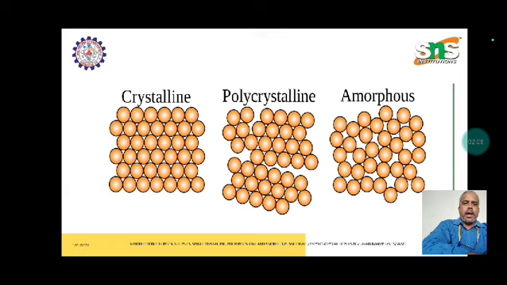In crystalline solids, the atoms and ions are arranged in a regular manner with a periodic nature. In polycrystalline, the arrangement has some defects, that means missing atoms in the lattice. Amorphous is in an irregular manner.